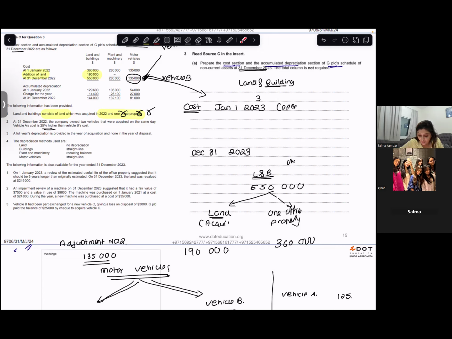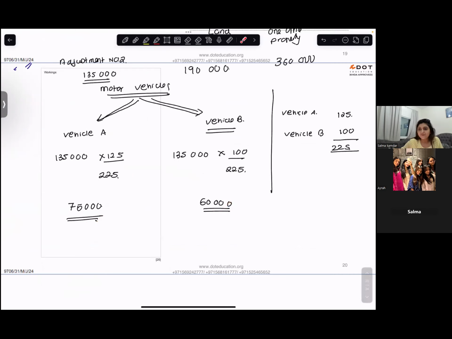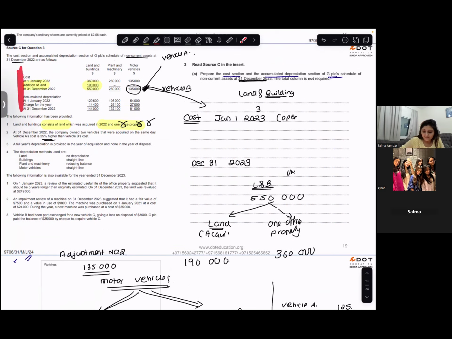Both motor vehicles had been acquired on the same date. I have the cost of motor vehicle A and of motor vehicle B. I've just read the information and analyzed the question, and I've still not put it in the schedule. The schedule would look like this only.